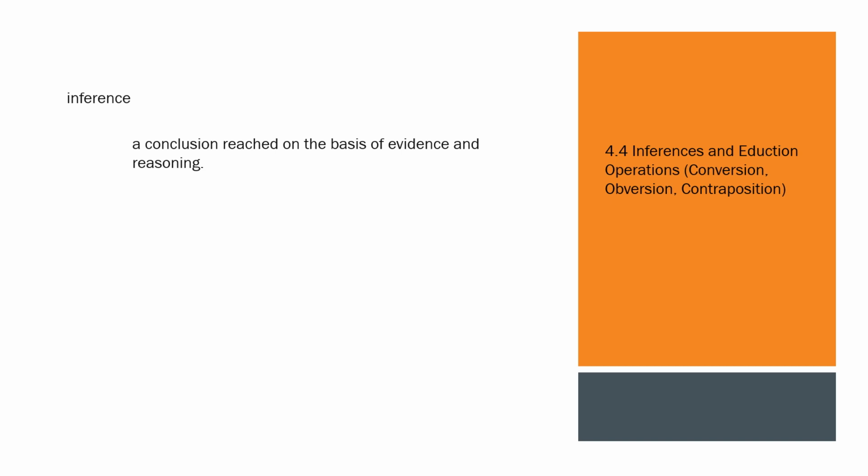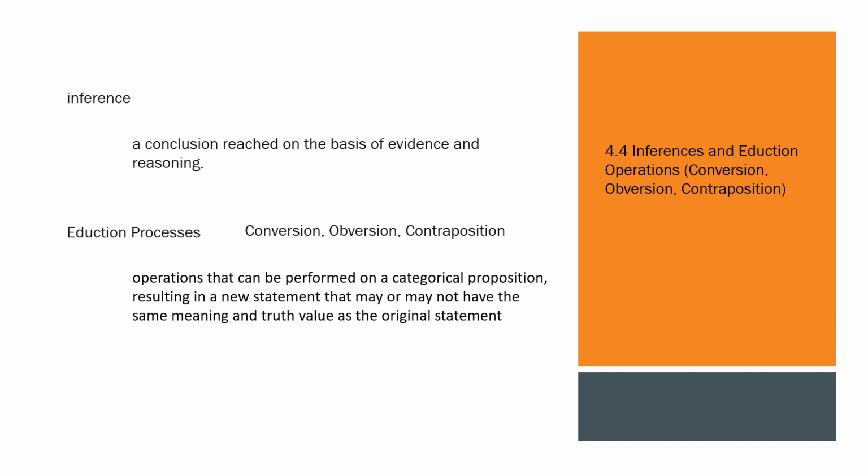We already had a discussion on this, and we are no longer going back to it. But here's another concept which is new under this induction. We have three processes here: conversion, obversion, and contraposition. Now, these processes are operations that can be performed on a categorical proposition. That's one thing to consider.